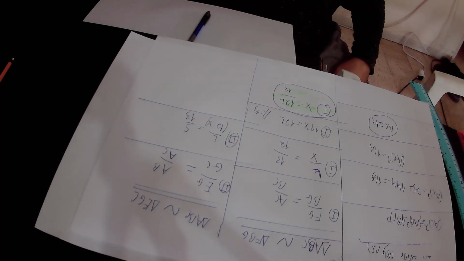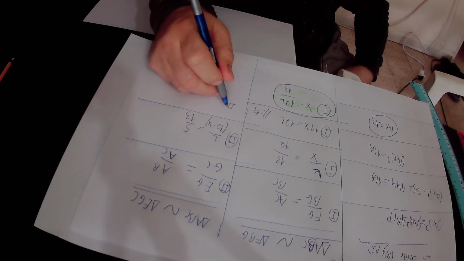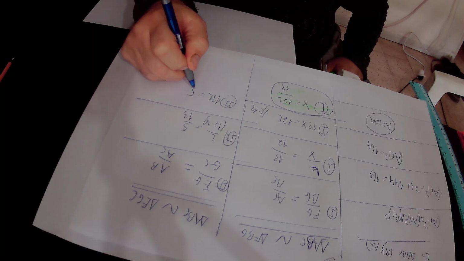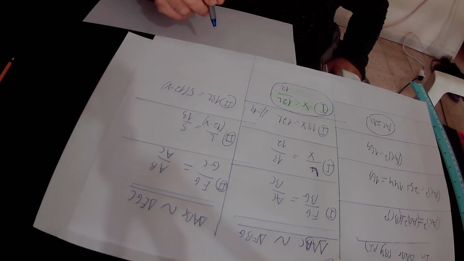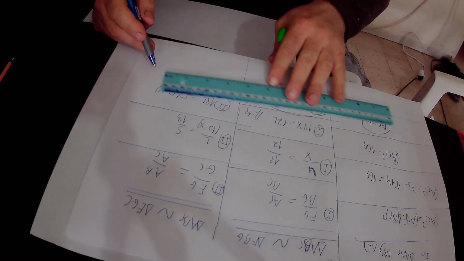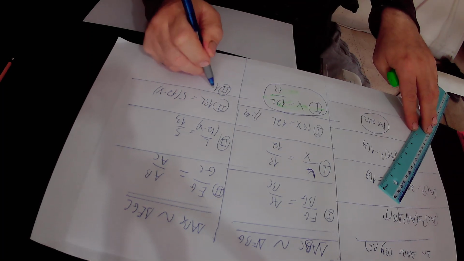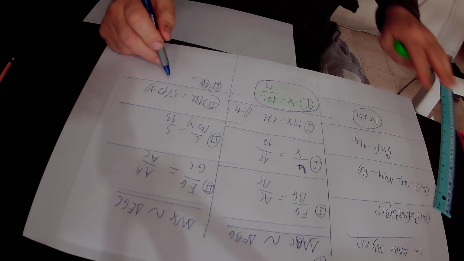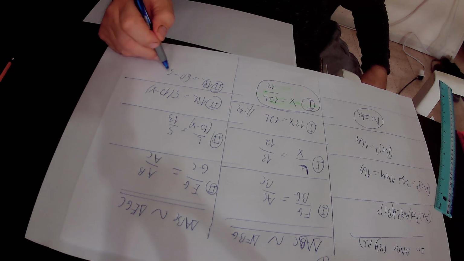Here we'll cross multiply equation 2, and we get that 13L equals 5 times 12 minus X. Then we open the brackets, and we get that 13L equals 5 times 12, which is 60, minus 5x.